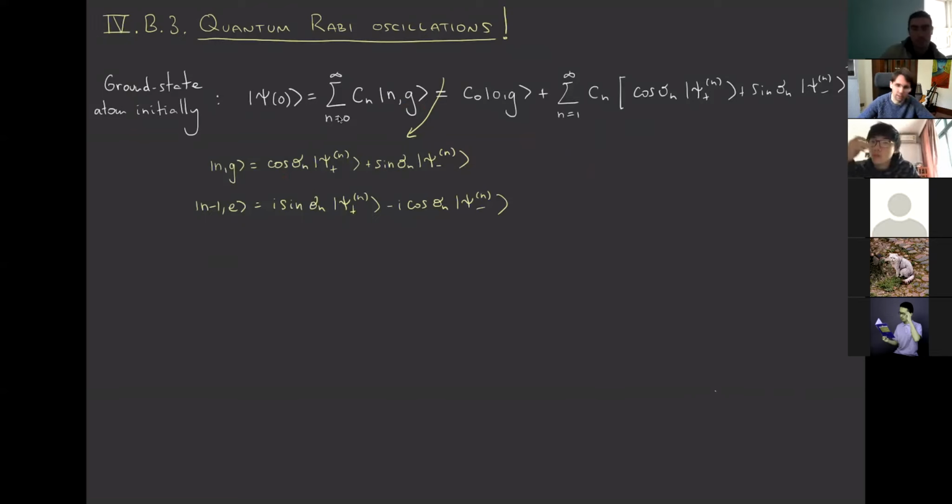Then if we now allow the atom-cavity system to evolve freely under the Jaynes-Cummings Hamiltonian, this is what we call unitary evolution. For this Hamiltonian, the unitary evolution postulate tells us that the system will evolve by just applying the time evolution operator onto the initial state.